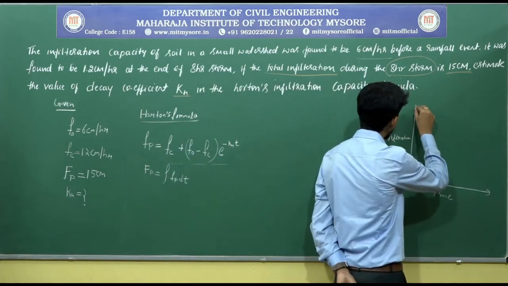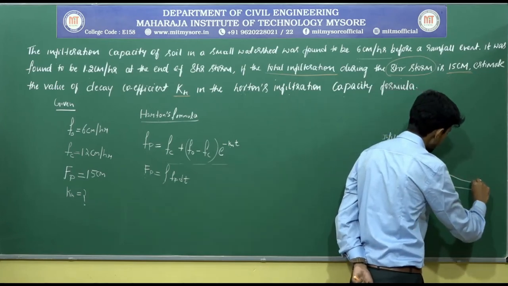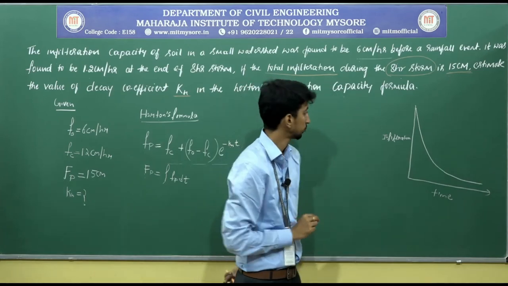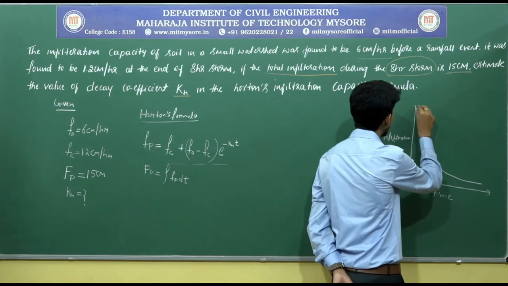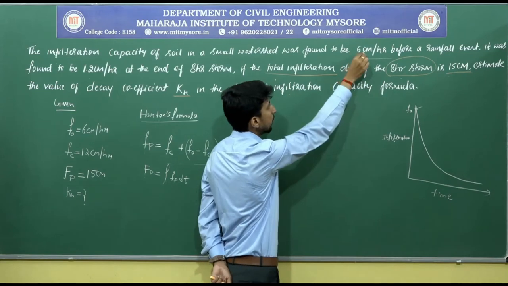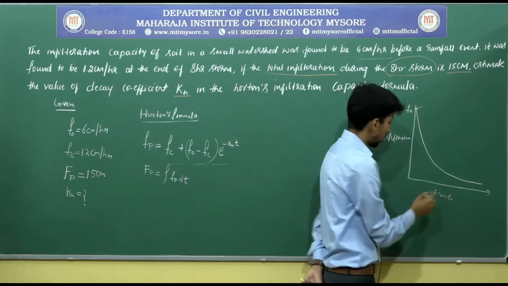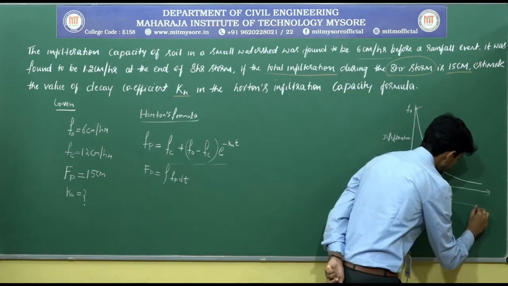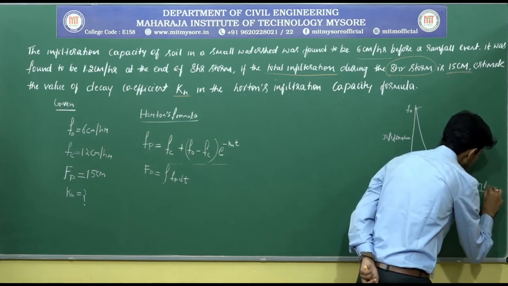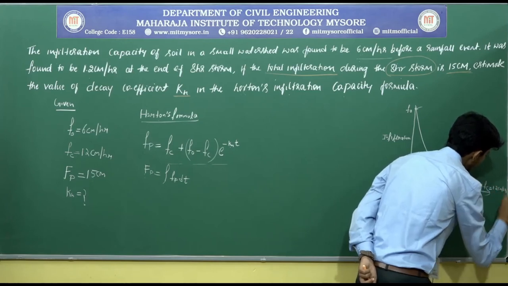Initially the infiltration capacity is more, F naught, 6 centimeter per hour. As the rainfall continues, at the end of the 8-hour storm the infiltration is Fc, 1.2 centimeter per hour.